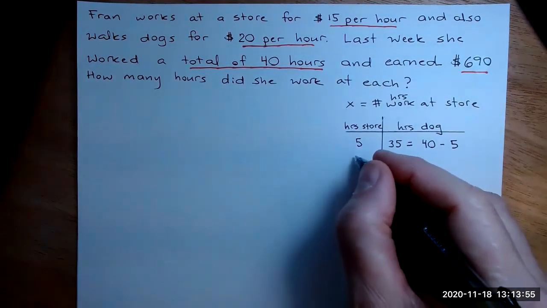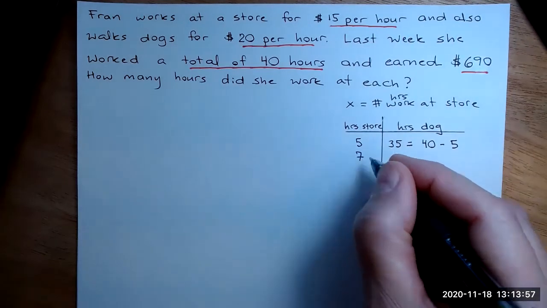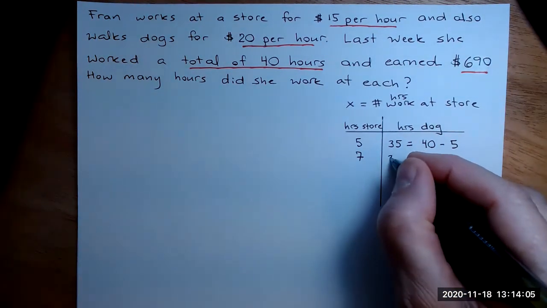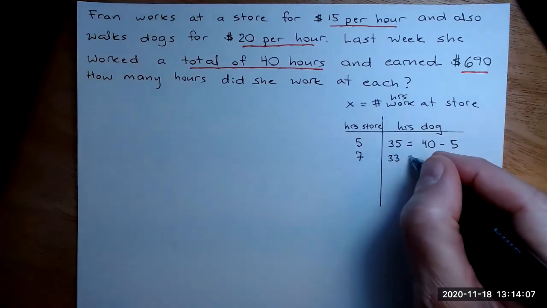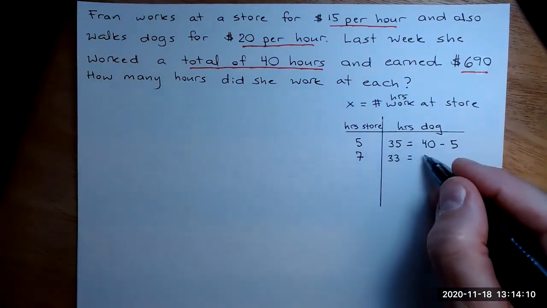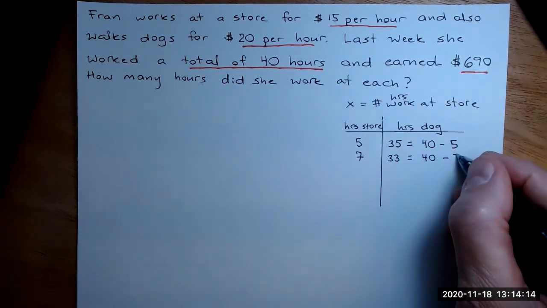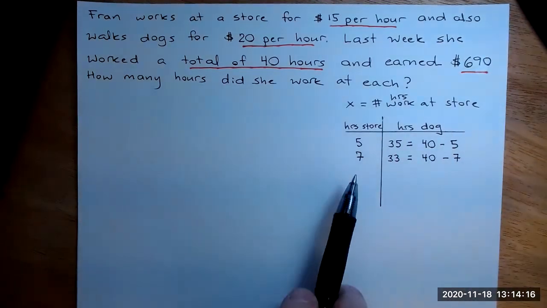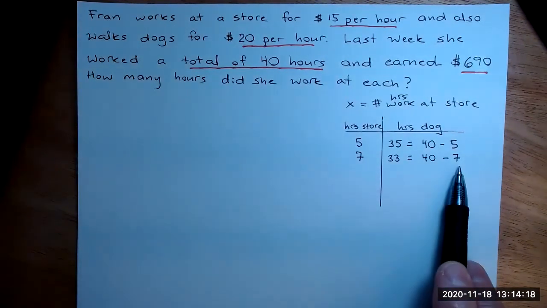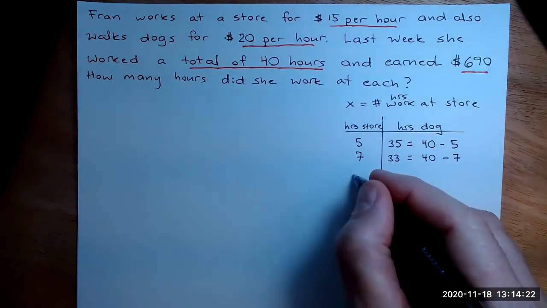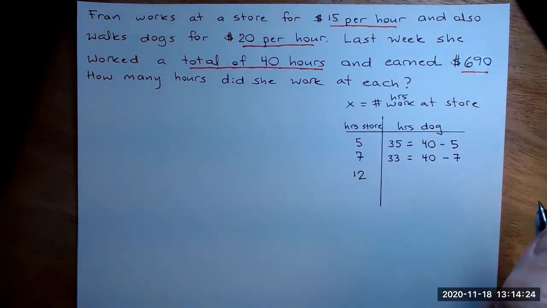All right, what if she only worked 7 hours at the store? How many hours did she walk dogs? That would be 33. And where did you get 33? By subtracting the number of hours worked at the store from 40. What if she worked at the store for 12 hours?